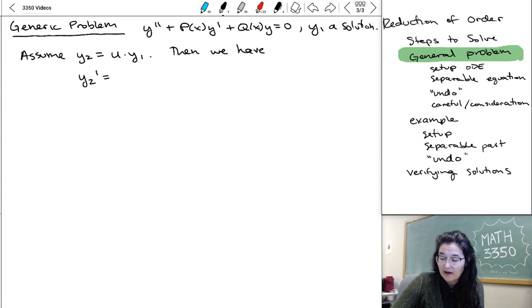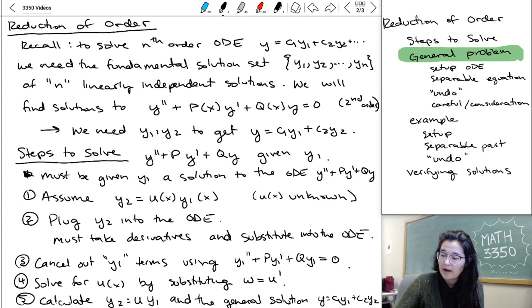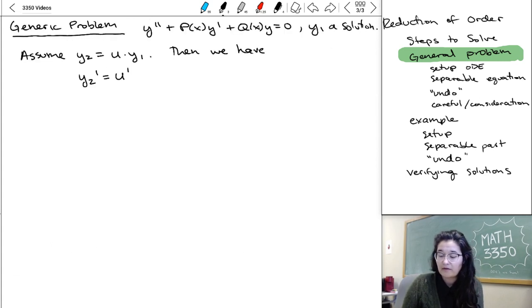So u prime is the derivative of u, or y1 prime is the derivative of y1. Because they're multiplied, I have to use a product rule. So if I take that u derivative, I leave y1 as it is, and then I leave u as it is and take my y1 derivative.